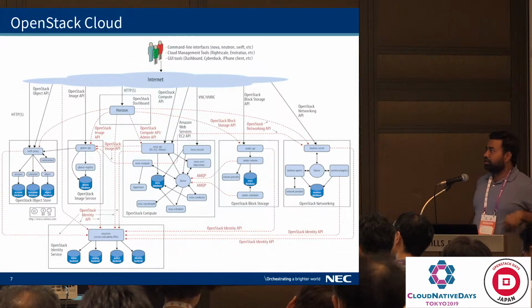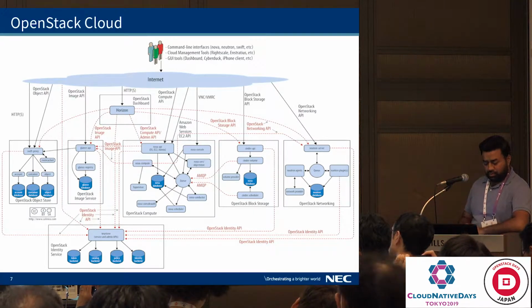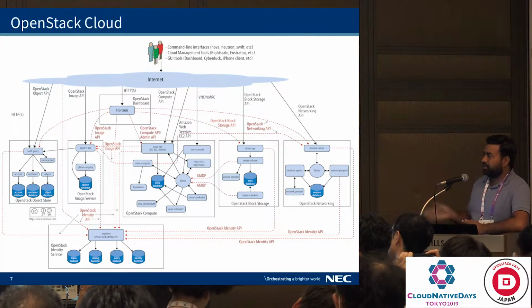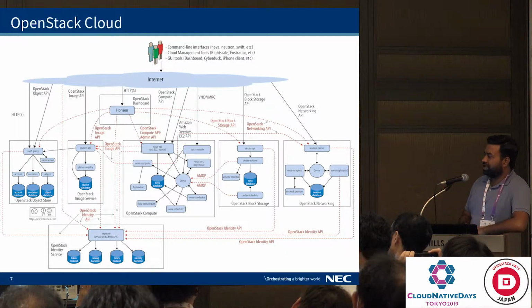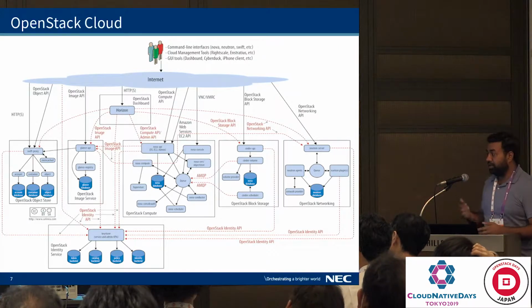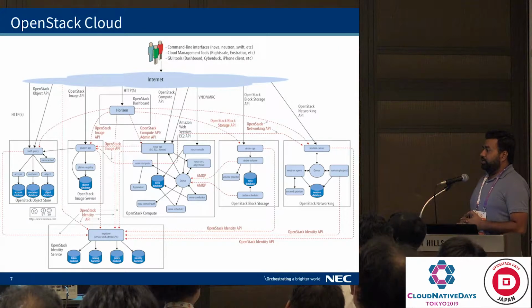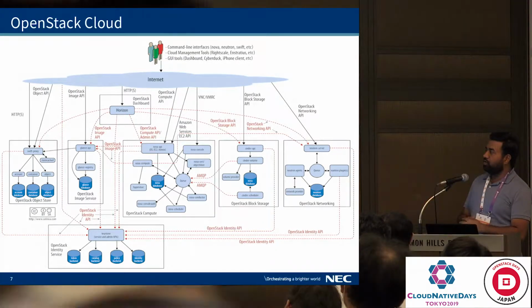So let's talk about how this looks. This is the usual OpenStack cloud, which I'm not going to explain. We have the different OpenStack services like networking, block storage, compute, identity, and they all provide RESTful APIs.